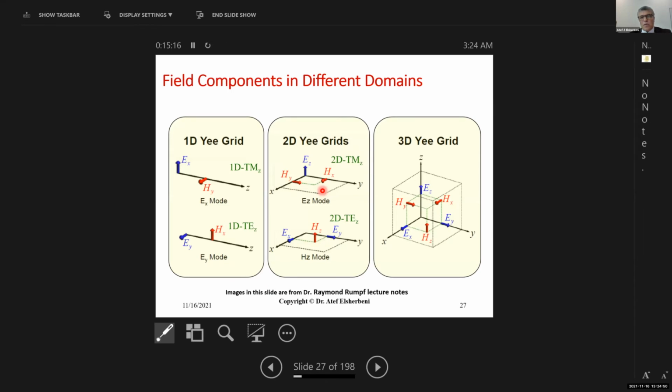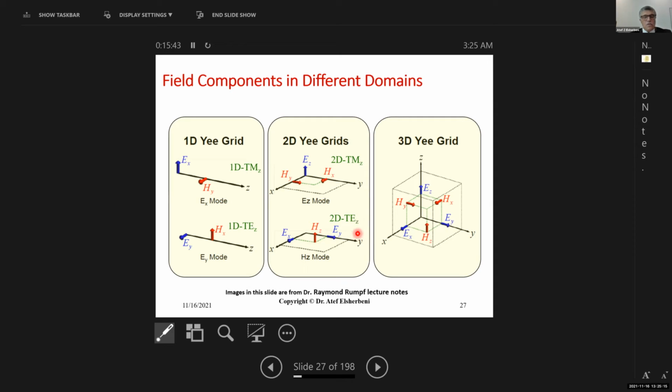I explained to you how we get all the field components for a three-dimensional configuration. We can reduce this into a two-dimensional configuration in which we will be able to separate three equations together and three equations together. Each one will be identified as a transverse magnetic or transverse electric field, in which this TM to Z is going to have Ez and Hx and Hy.